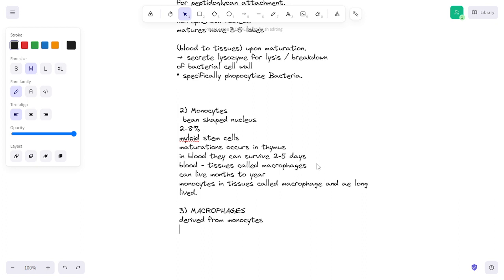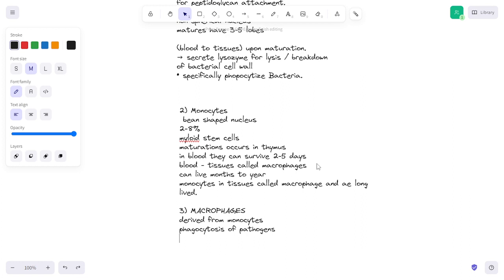When foreign particles are involved, these are responsible for the phagocytosis of pathogens. We can say pathogens are foreign particles.